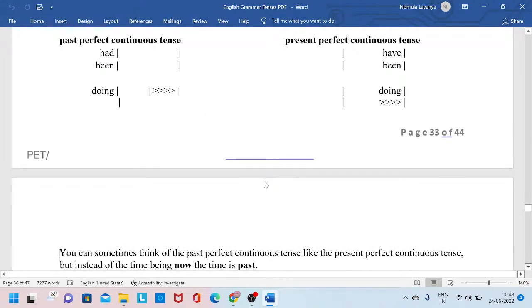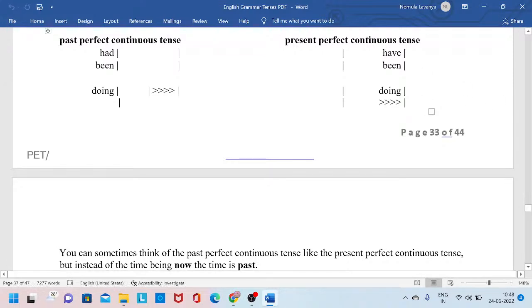So this is what it is. For the past perfect continuous tense we use had been doing, and for the present perfect continuous tense we use have been doing.